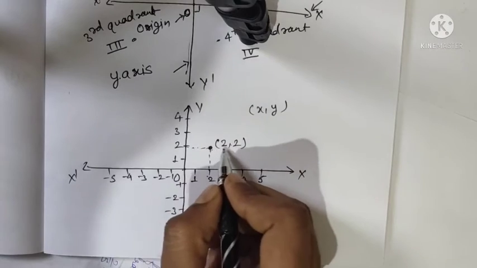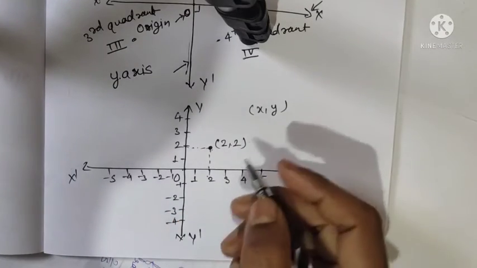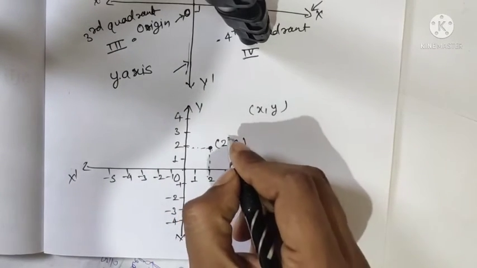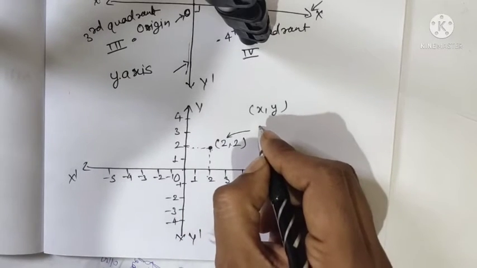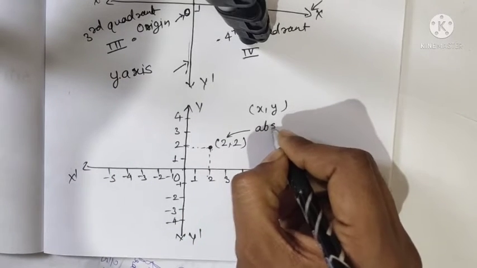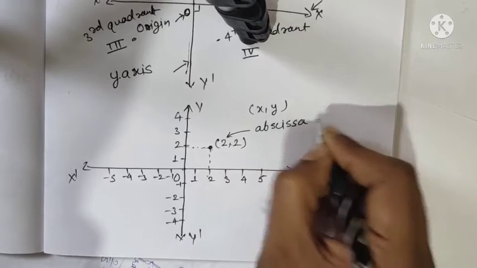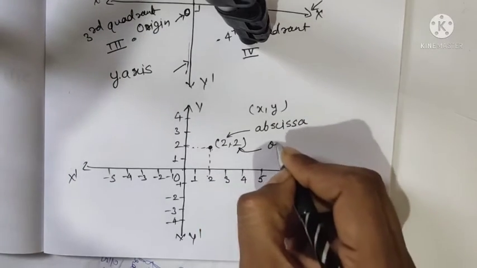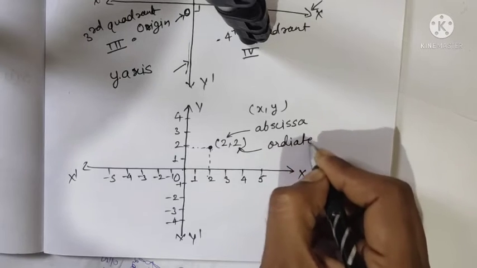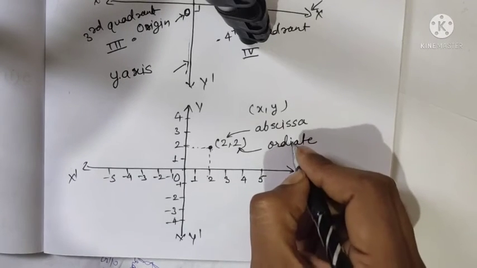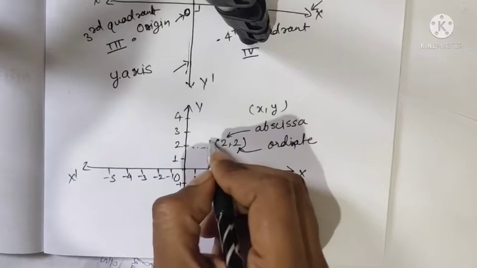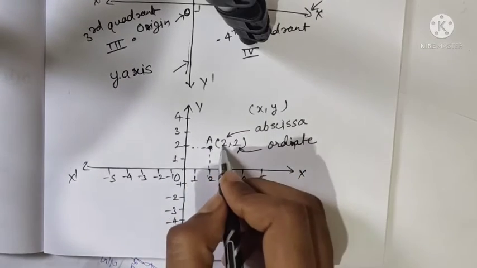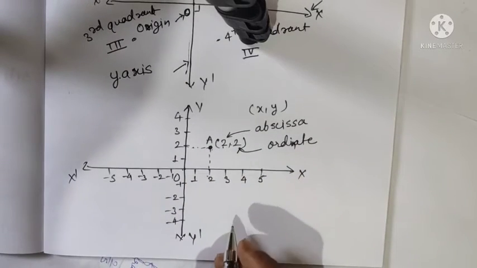So the location of this point is (2, 2). This value of x is known as the abscissa, and the value of y is known as the ordinate of that point. So for point A, the abscissa is 2 and the ordinate is also 2.